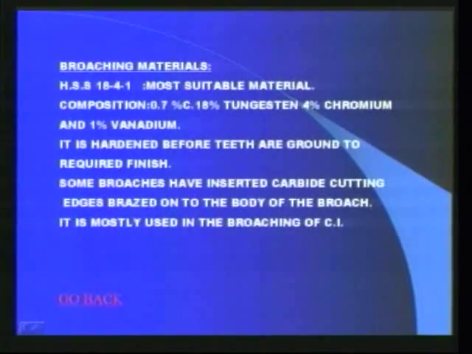It is hardened before the teeth are ground to the required finish. Some broaches have inserted carbide cutting edges brazed onto the body of the broach. It is mostly used in the broaching of cast iron. Now we discuss various types of broaching machines.